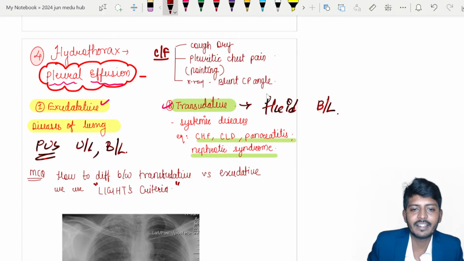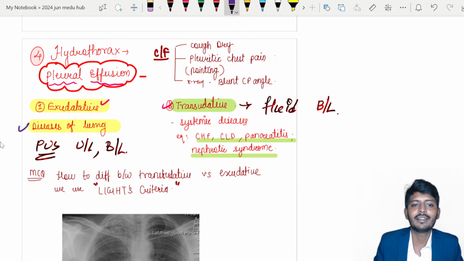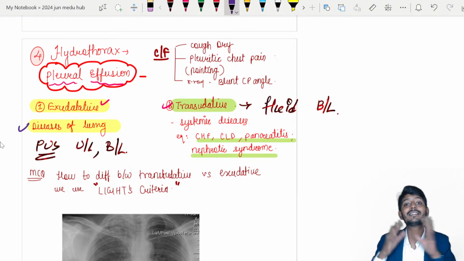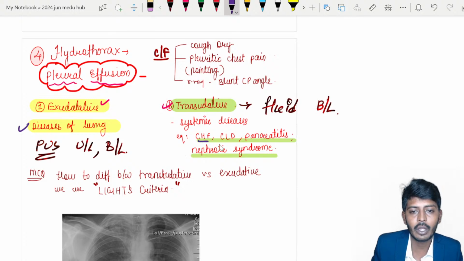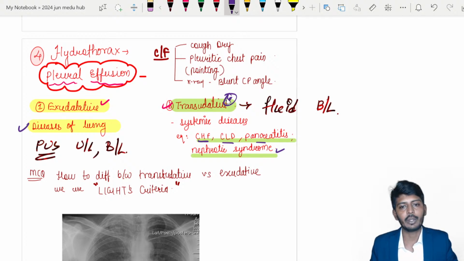The next important aspect: exudative pleural effusion is usually caused by diseases of the lung itself, such as lung cancer or pulmonary TB, while systemic diseases like congestive cardiac failure, chronic liver disease, pancreatitis and nephrotic syndrome lead to transudative pleural effusion, where a clear fluid is accumulated.